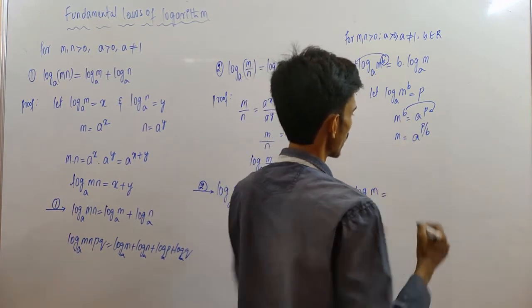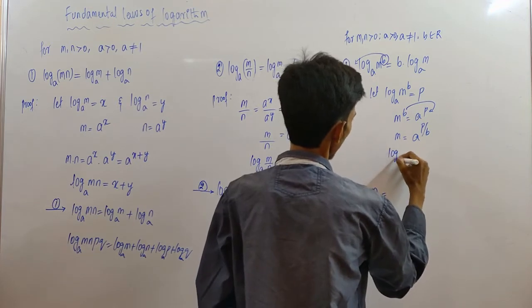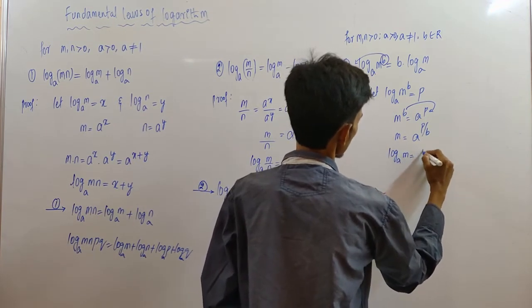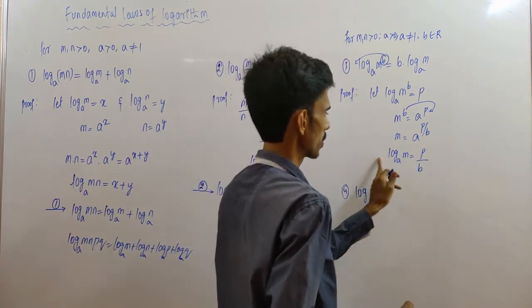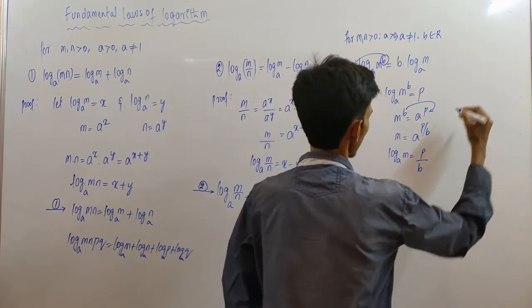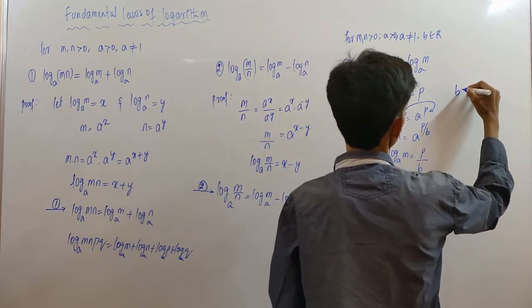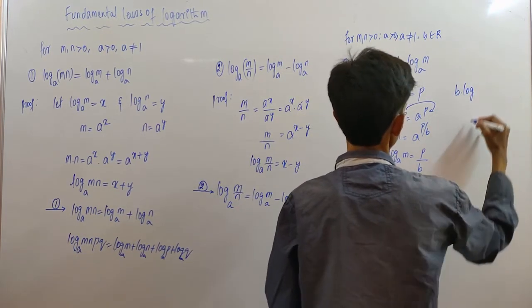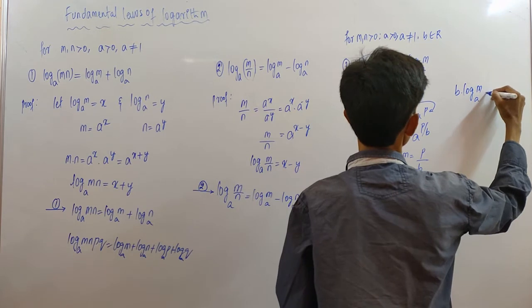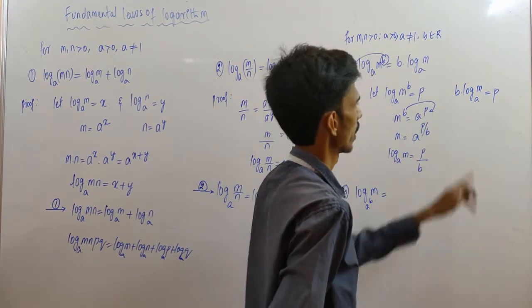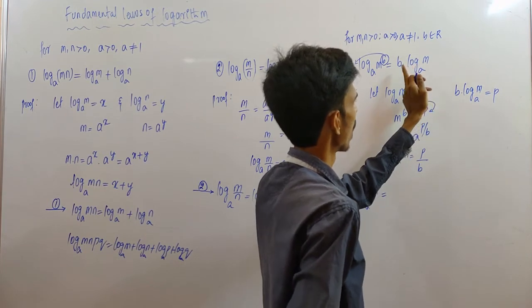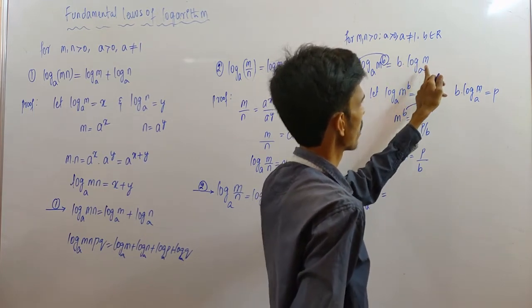Now send this a to that side, it will become log a m is equal to p divided by b. Now cross multiply this b here, b into log m base a value is p. So p value is this. It's proved.